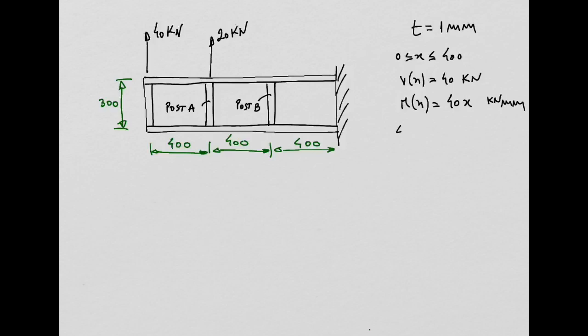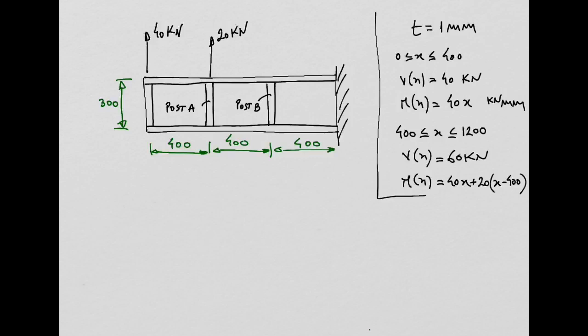And then for this region 400 to 1200, you get Vx equal to 60 kilonewtons, and you have Mx equal to 40x plus 20 times x minus 400. Okay? So we can keep this. Let's not spend time calculating again shear force and bending moment diagrams.